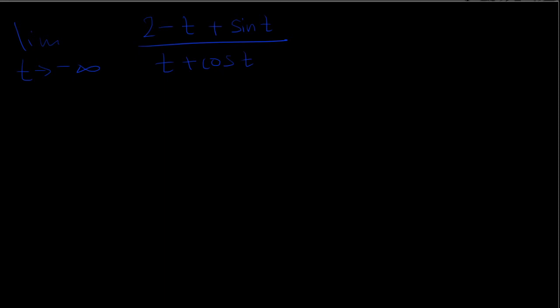The trick to doing this problem, like we saw in the last two, is to divide everything by t. Because I know what happens to sine t over t as t goes to infinity. But if I just have sine by itself, that's going to oscillate between -1 and 1. So I want to multiply top and bottom by 1 over t.